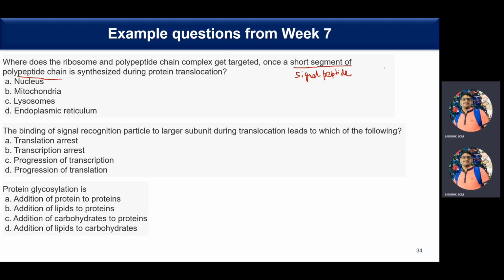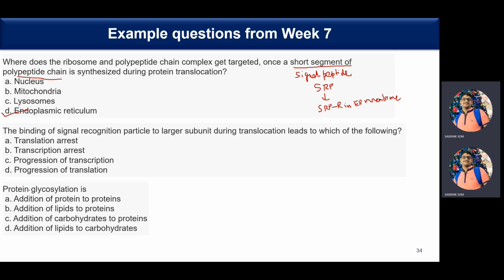The signal peptide binds to the signal recognition particle, SRP, and this SRP then binds to the SRP receptor, SRPR, in the ER membrane, so the protein gets targeted to the endoplasmic reticulum.